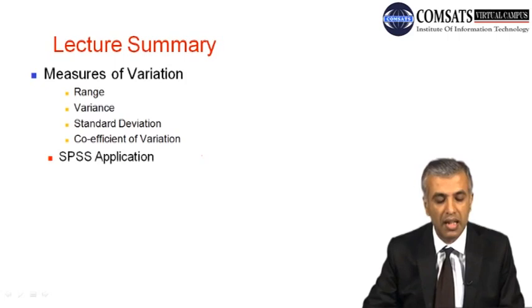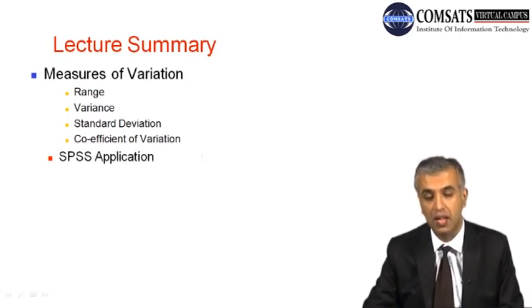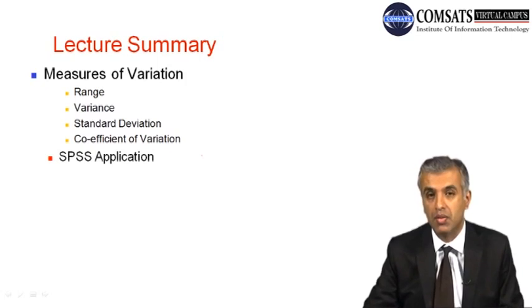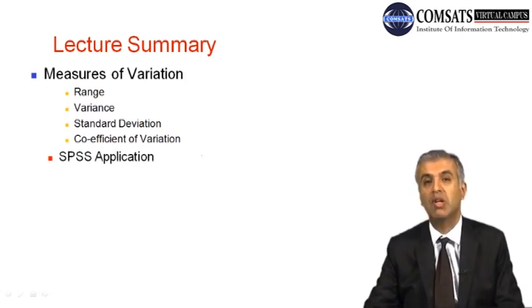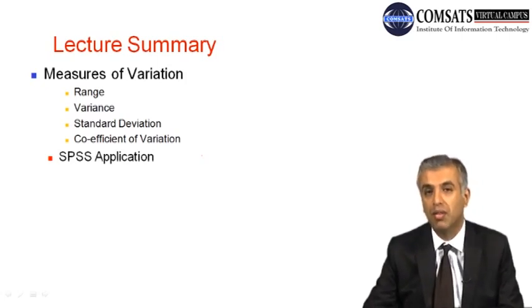Measures of variation, like what we have discussed in range, variance, standard deviation, and coefficient of variation, their importance is there, because obviously by now you must have observed that these measures of variation give us quite a lot more information about the data as compared to measures of central tendency.